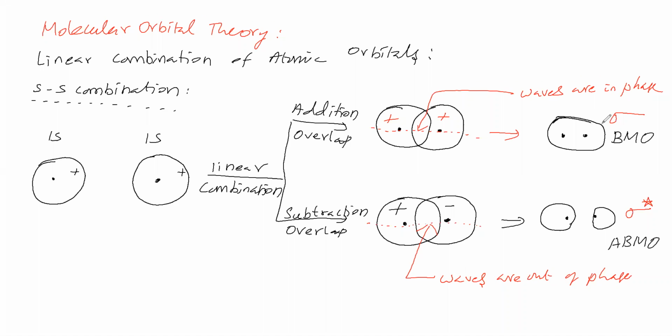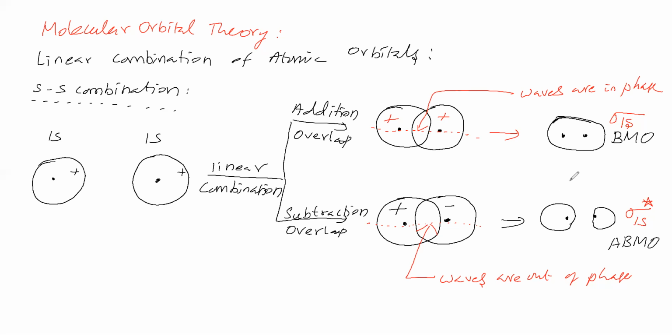This molecular orbital is obtained by overlapping of two 1s atomic orbitals, therefore it is a sigma 1s molecular orbital. This antibonding molecular orbital is obtained by subtraction overlap of these two atomic orbitals, therefore it is called sigma star 1s. So we got two molecular orbitals: bonding sigma 1s and antibonding sigma star 1s.